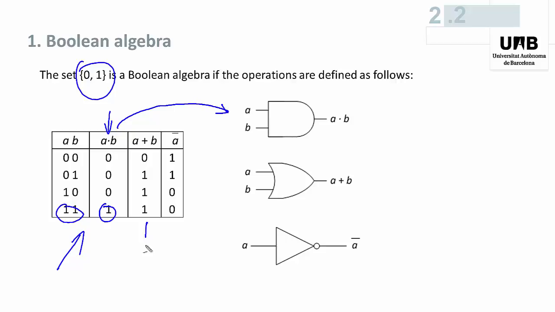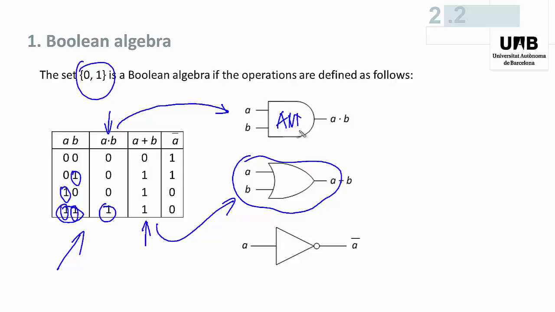The sum, the Boolean sum A plus B, is equal to 1 if A or B or both are equal to 1. It is the so-called OR function, and its implementation is a 2-input OR gate.